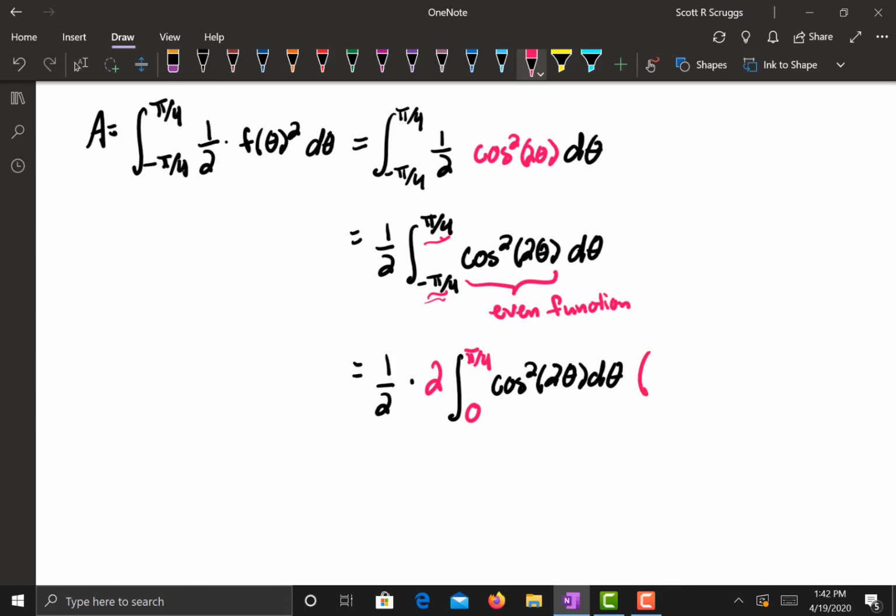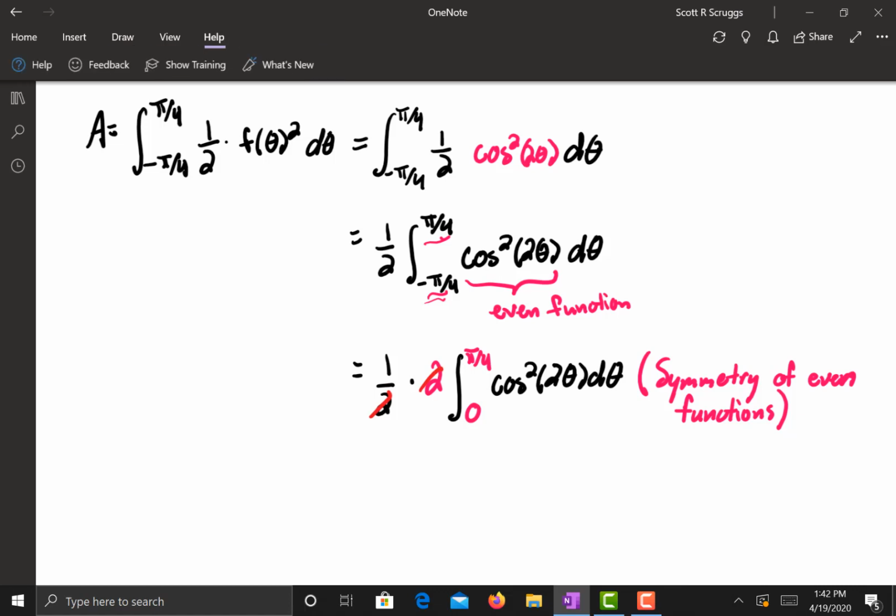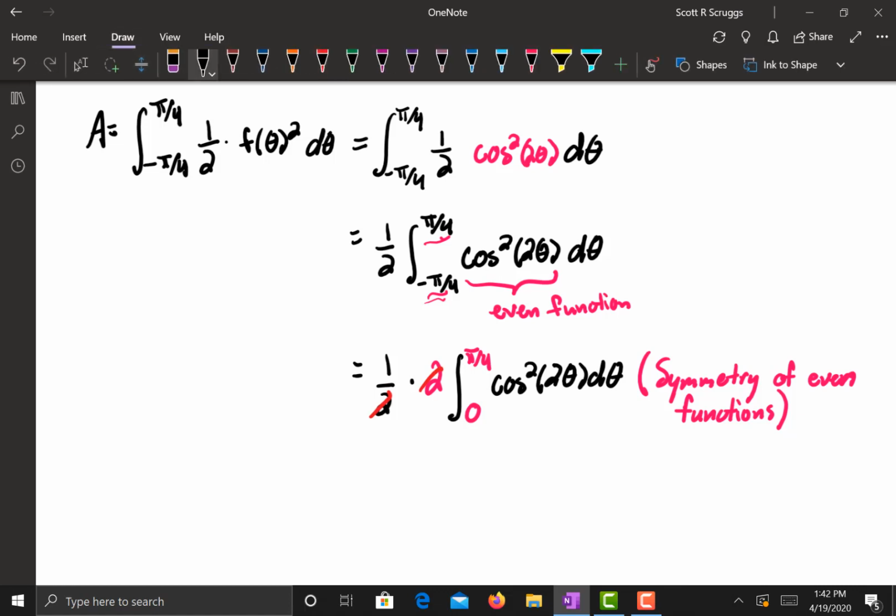And note that the reason why I'm doing it is I'm using symmetry of even functions. So those are gone now. And there we go. And now I have just the integral of 0 to pi over 4 of cosine squared of 2 theta d theta.